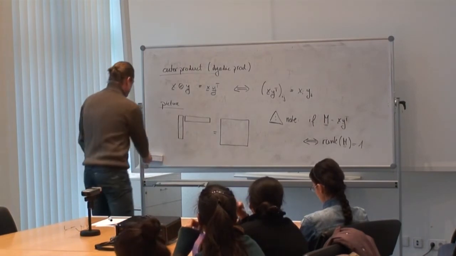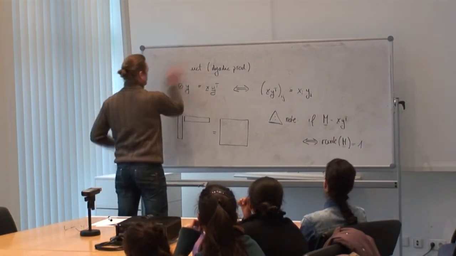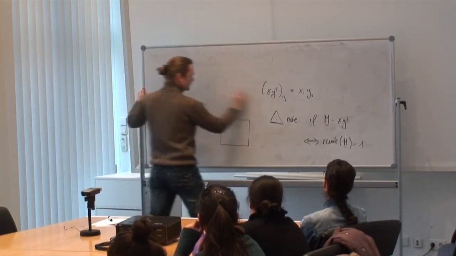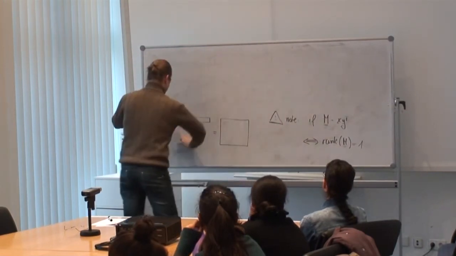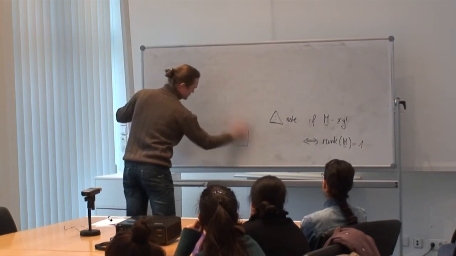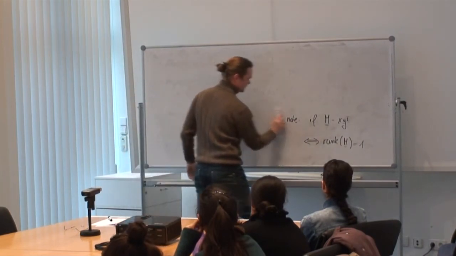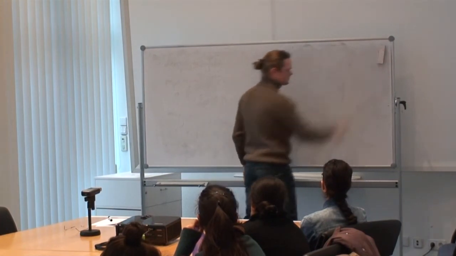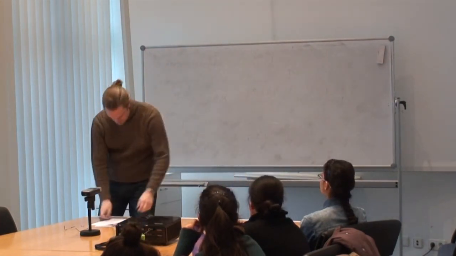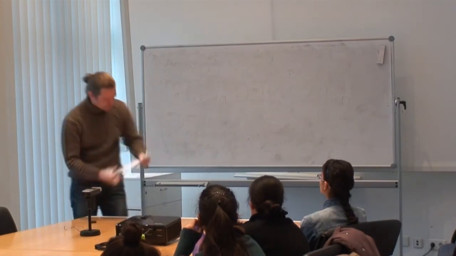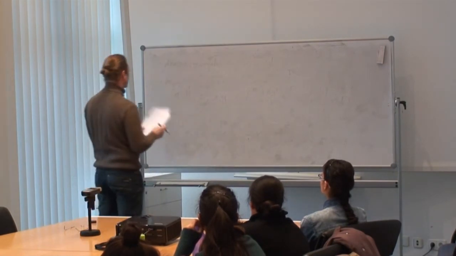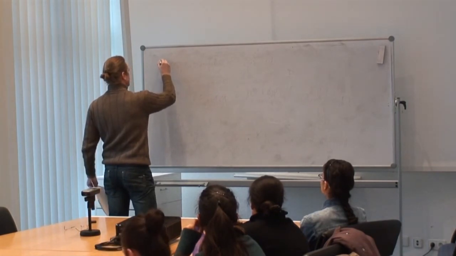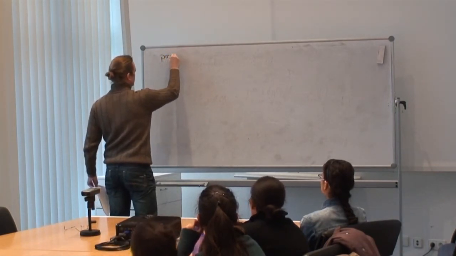And before we continue with what we actually want to study today, I will point out yet another fact regarding these outer products between vectors. I'll note it as a proposition, and I'll need a lot of space.